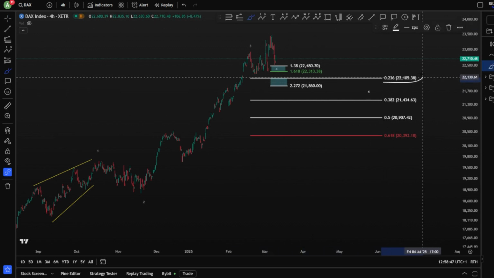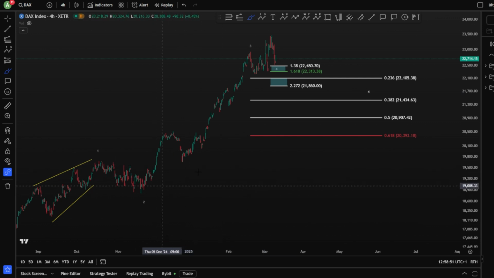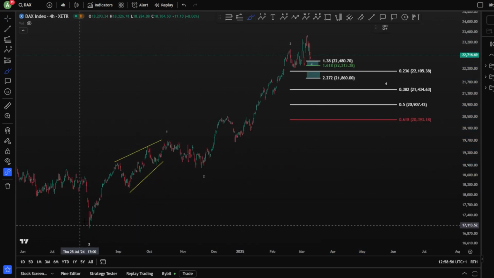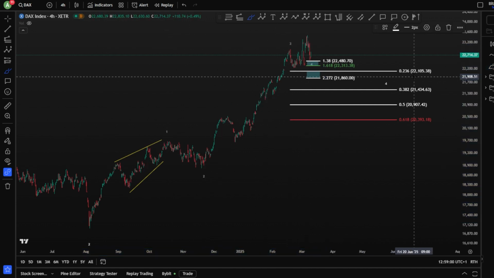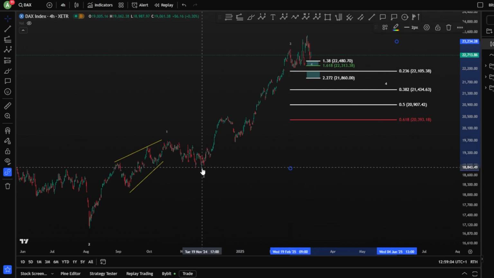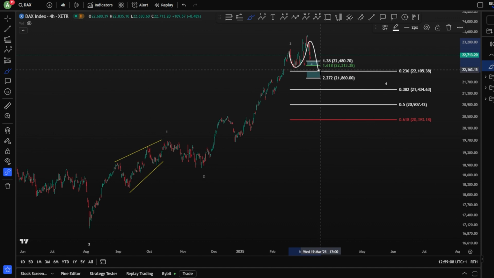As you can see, you would like to hit the 0.23 in confluence taken from this wave 2 here, because you are in a wave 1, 2, 3, 4. You would like to take the 0.23 because this is taken from your wave 2 here. So potentially it can be taken around 22.